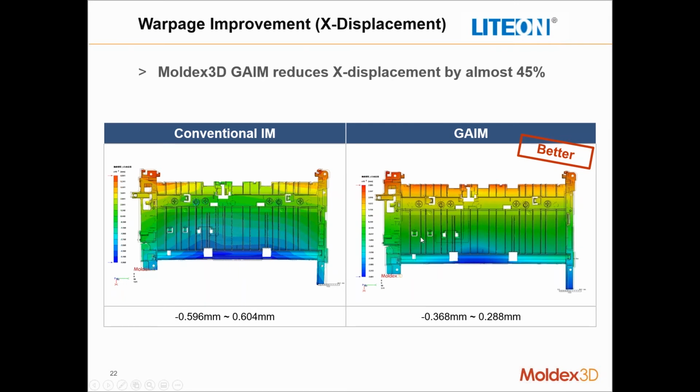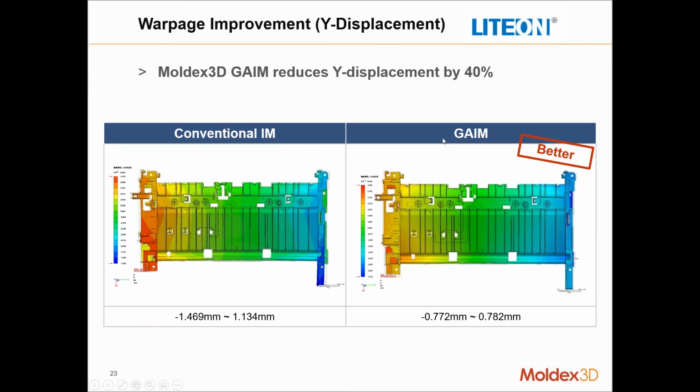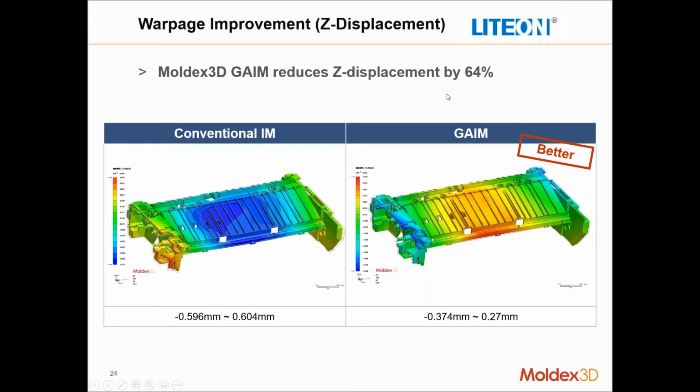And then also with this part, warpage, it was a structural part, so we want to make sure that the warpage is as reliable as possible. And we can see that just looking at the scales, the X displacement was reduced by about 45%, Y displacement was reduced by about 40%, and the Z displacement was reduced by about 64%.